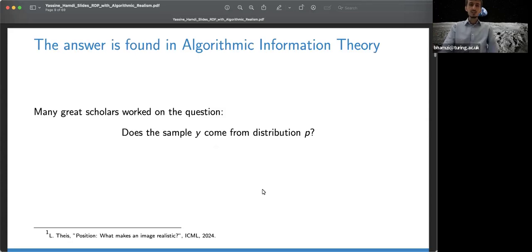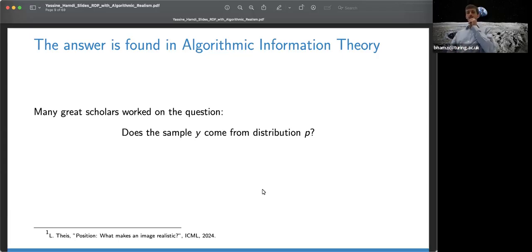And actually, the answer can be found in algorithmic information theory. And the fact that we should look at algorithmic information theory is not a contribution of mine. It's Lucas Theis from Google who found that, or who, it's more like people from the machine vision community were not aware, and he brought that idea into the machine vision community.